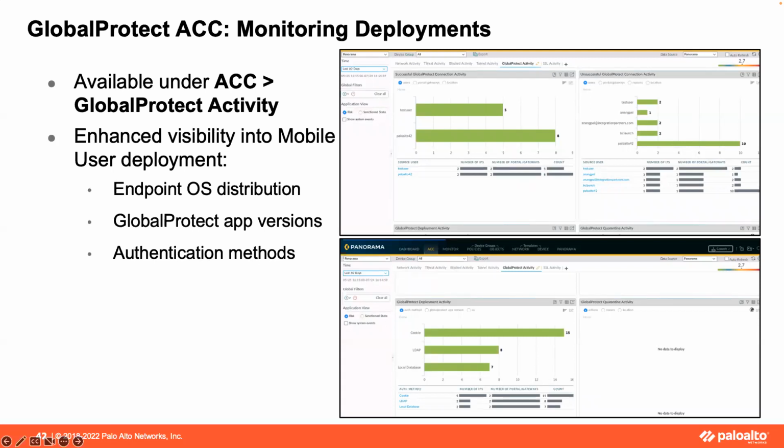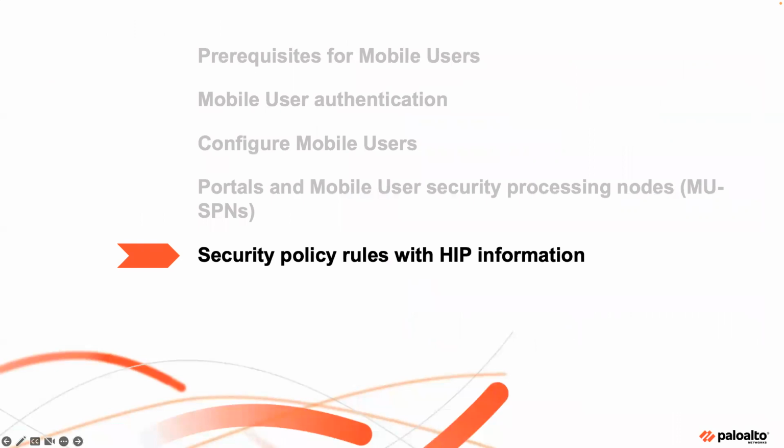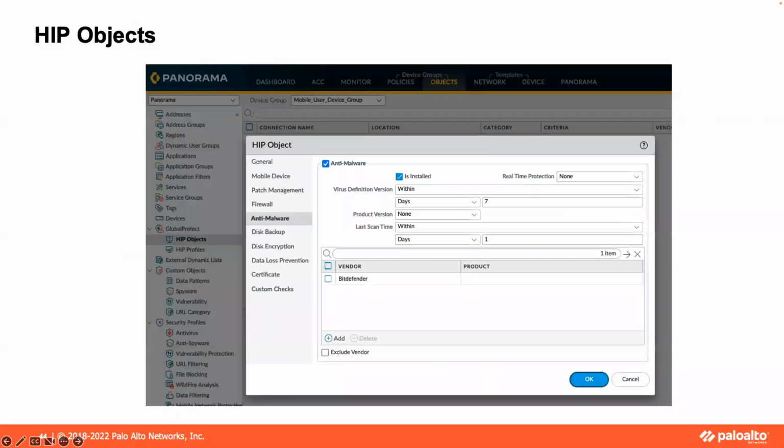The last piece is going to be the security policy rules, and that host information that we talked about. So the host or HIP objects allow you to look at several different families of settings.